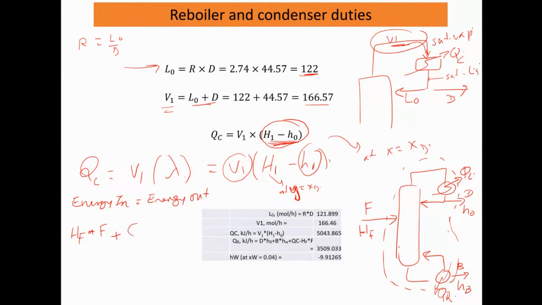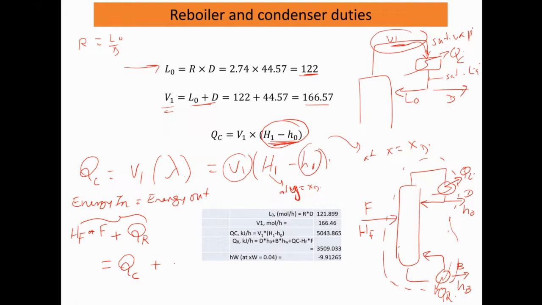We have the boiler, because we are heating, so we have to say QR plus QF. This is energy in, which is equal to energy out. Energy out, I have QC, which is out because we are cooling, so we are removing heat from the system, plus the flow rates of the two streams.